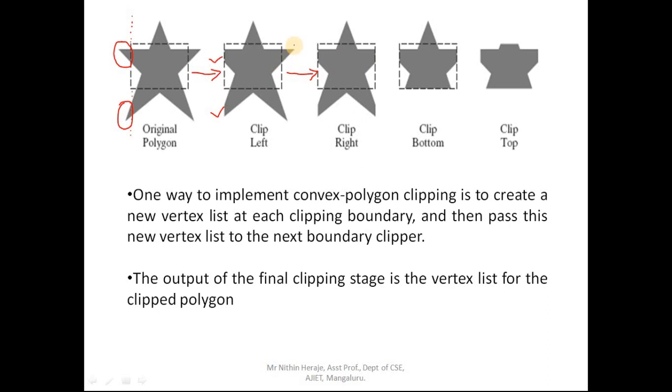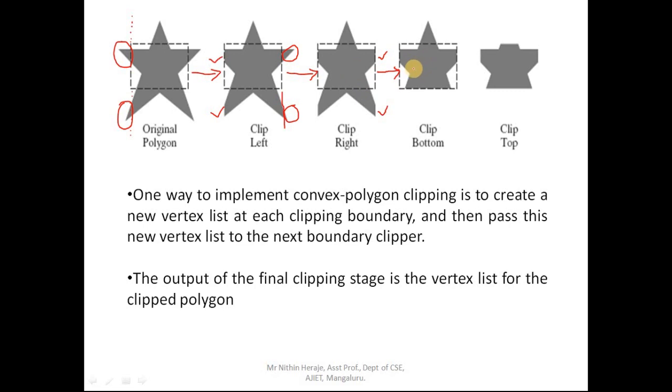Right clip means you have one portion over here which has to be clipped, and another portion, when you extend this window, you will have to clip here. These are the two areas where right clipping has to be done. If you look at this right clip, these two portions have been clipped. Next it goes to the bottom clipping, and the input is this polygon after right clip.